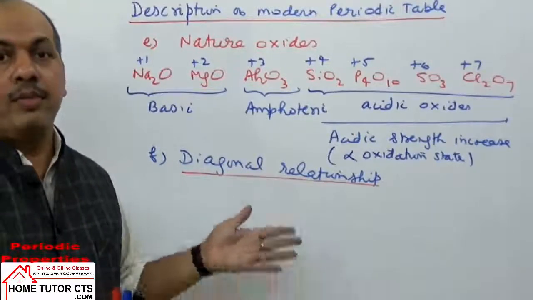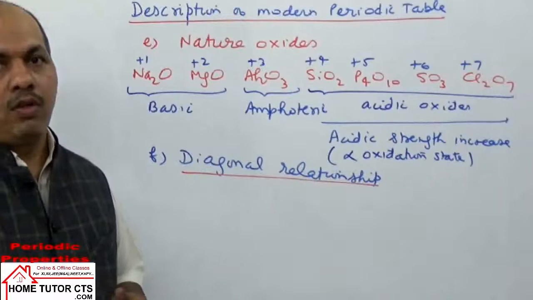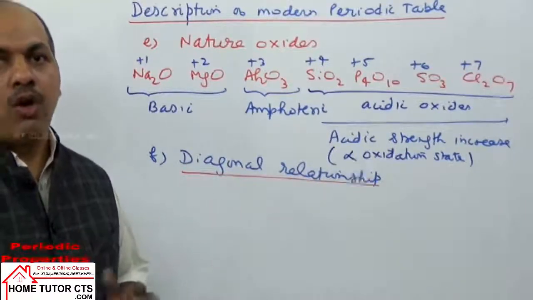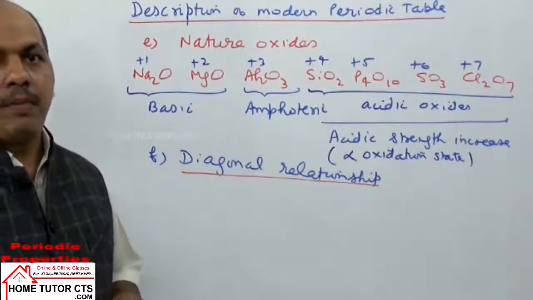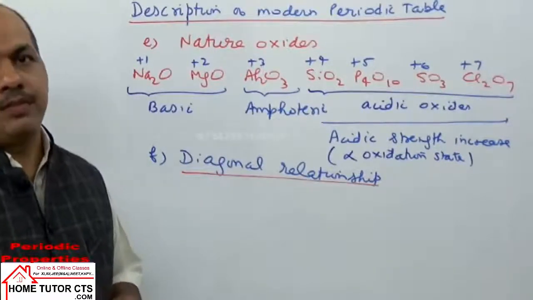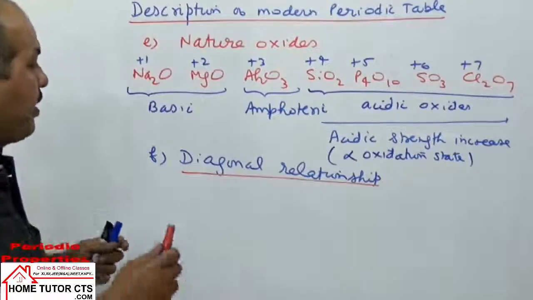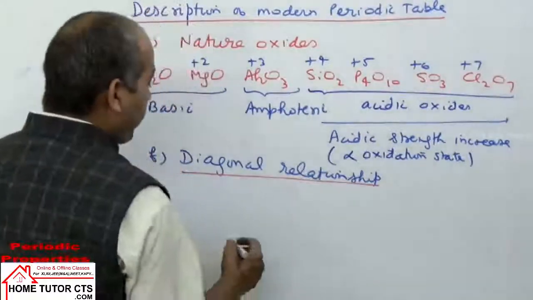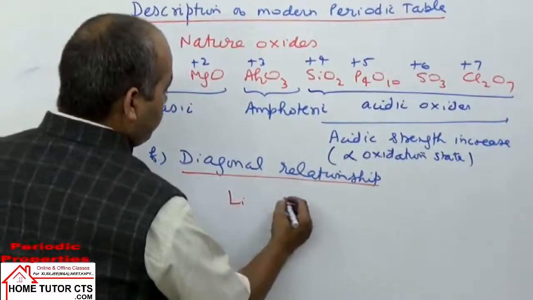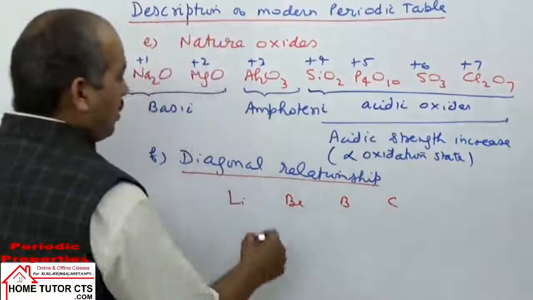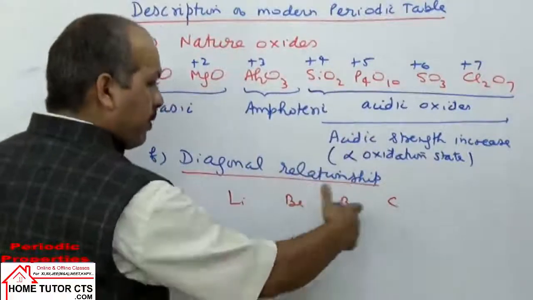Similarity in properties of elements of the second period with the elements of the third period of the next group present diagonally opposite. Like if I take the elements of the second period, lithium, beryllium, boron, carbon, we can take more, but resemblance keeps on decreasing.